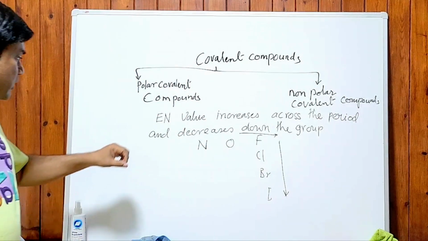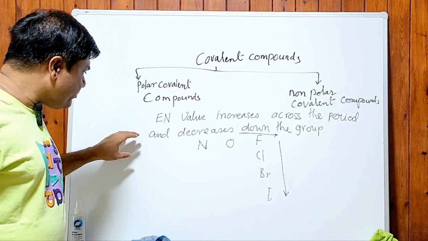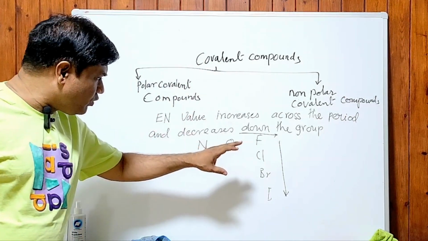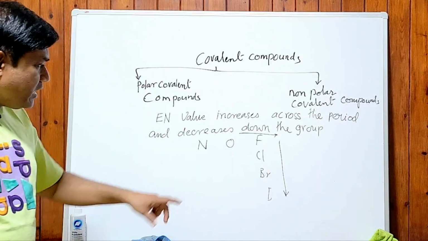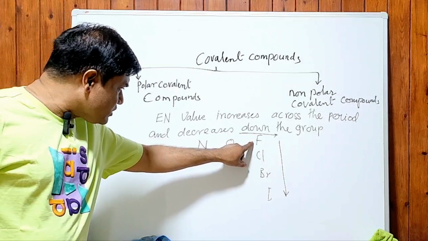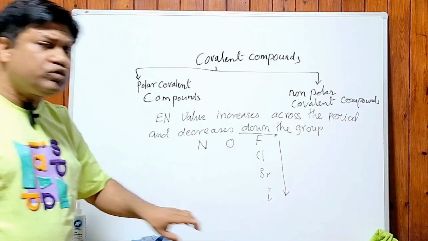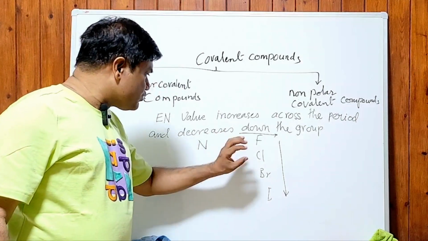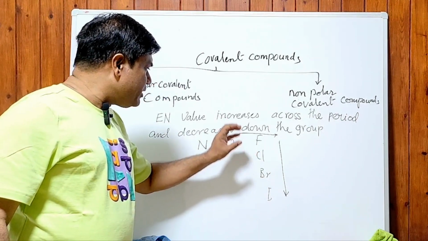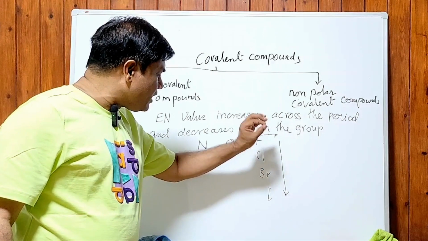When you move from nitrogen to fluorine, the electronegativity value increases. And it decreases down the group, guys. So the highest electronegativity value is 4. And which element has the highest electronegativity value? Fluorine.